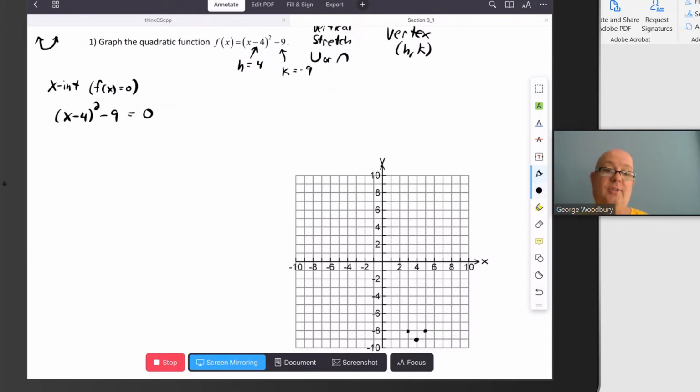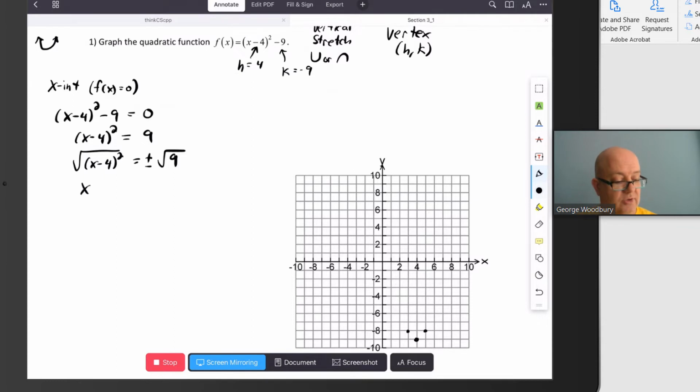When you have an equation in this form, we want to isolate the square so we can solve it with the square root property. x minus 4 quantity squared equals 9. Square root of both sides, including plus or minus the square root on the right side.